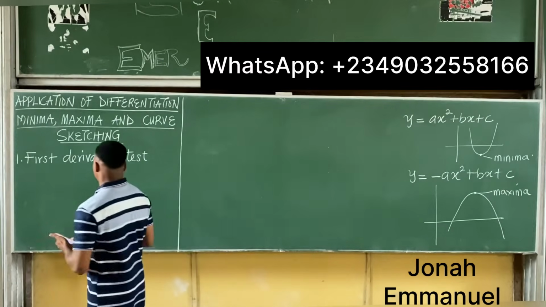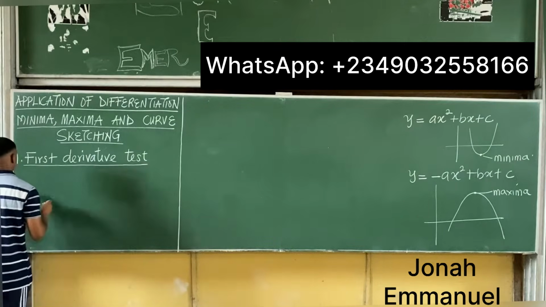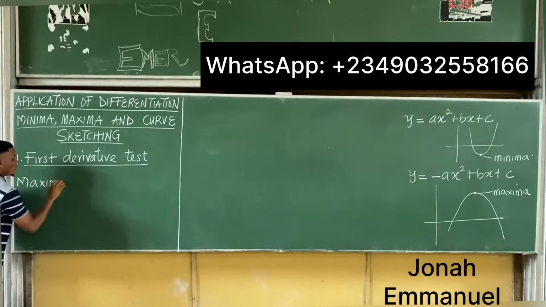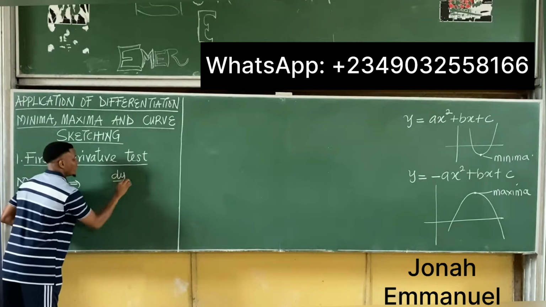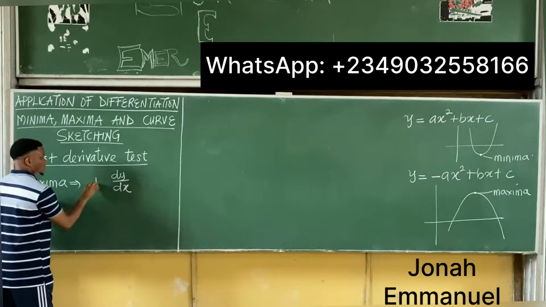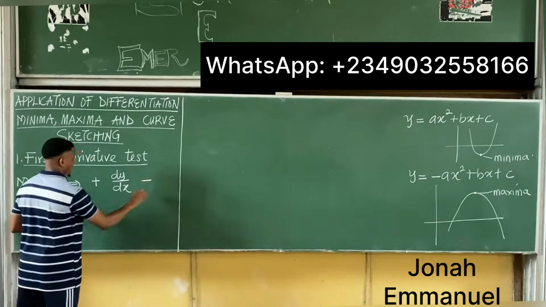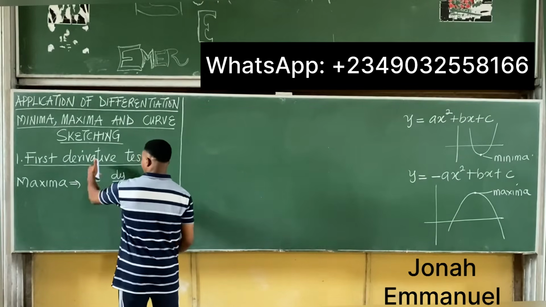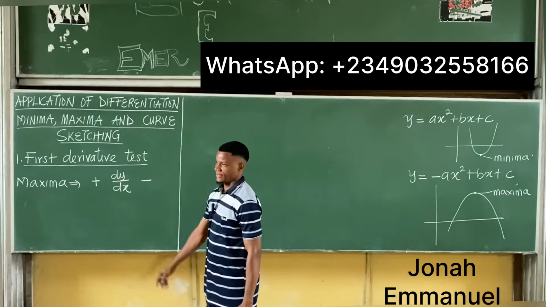So for maximum or maxima, the condition is that the dy over dx will be positive on the left hand side and then negative on the right hand side. All right. So if the dy over dx is positive on the left hand side and negative on the right hand side, it's a maxima.